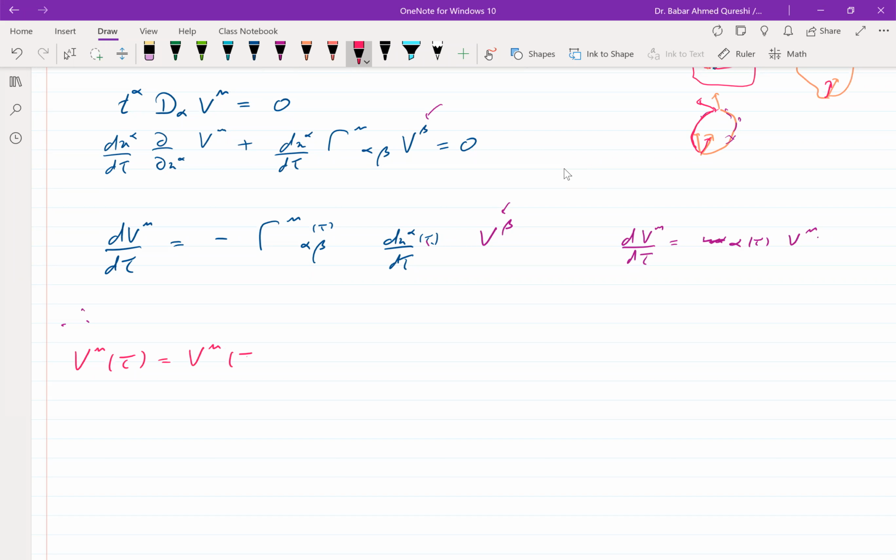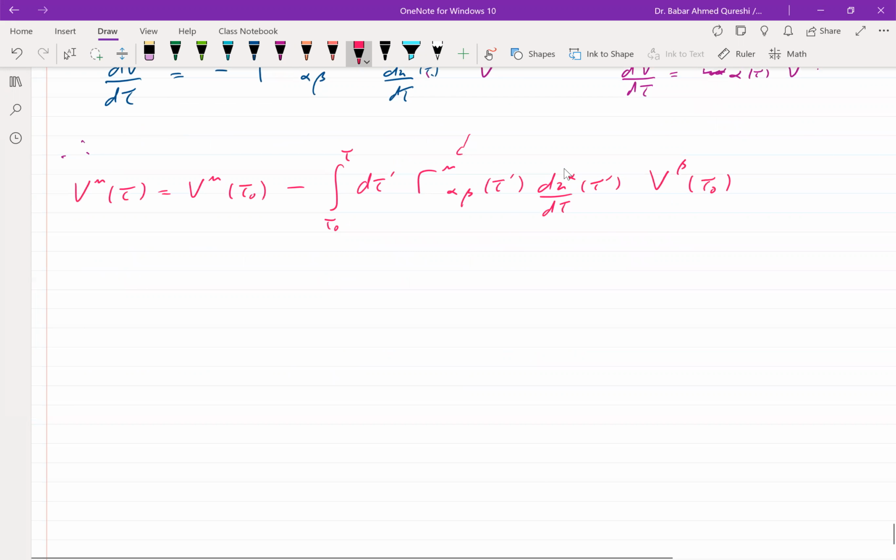The solution would be the initial value of this v mu minus, because there's a minus, I'm just writing it outside, t naught to tau, gamma mu alpha beta tau dash. This is just that function alpha, and it's contracted appropriately to give you a mu over here. Plus, now I have two negatives, so they get absorbed over here.